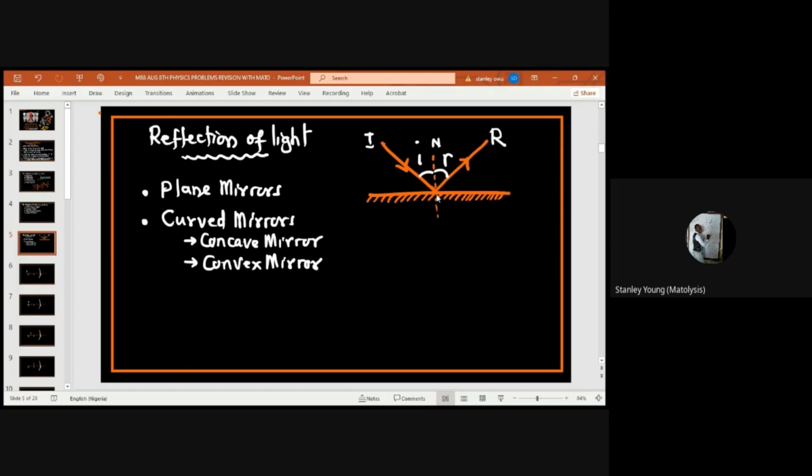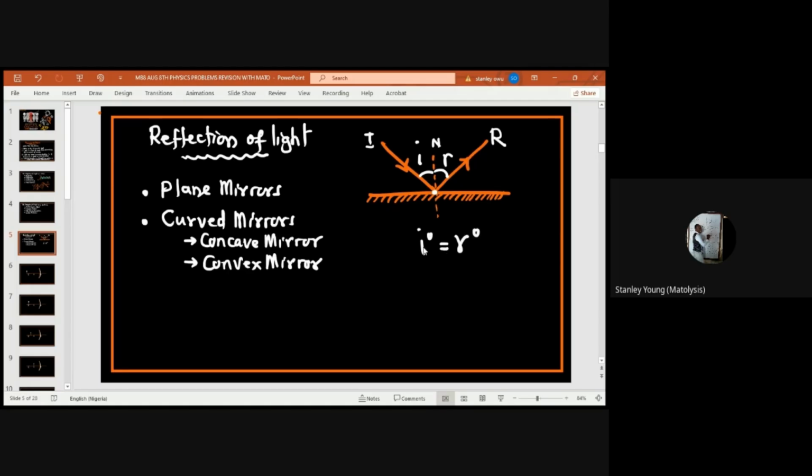So another thing you need to know is that the line of incidence, the line of normal, and the line of reflection always meet at the same point, and they all exist on the same plane. So these are the laws of reflection. Number one, angle of incidence equals angle of reflection.